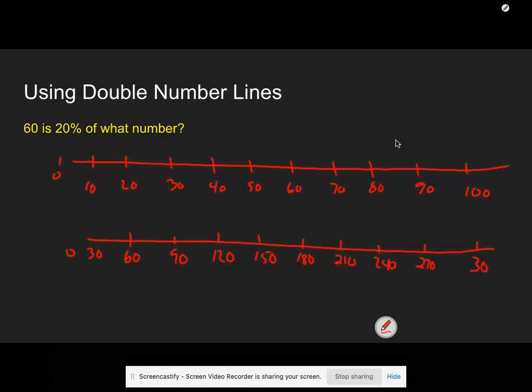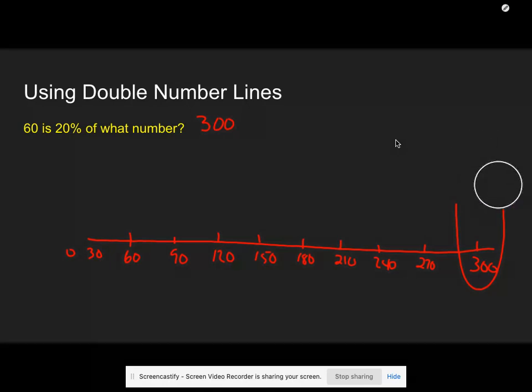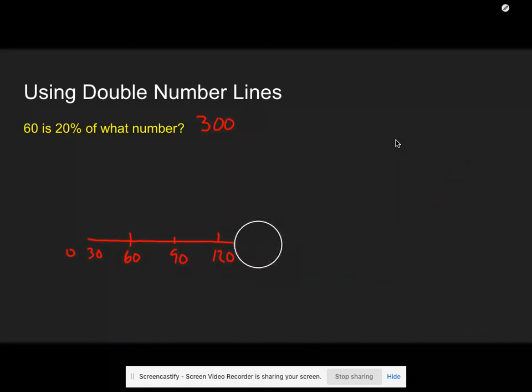So 300 ends up being what's paired up with my 100%. So 60 is 20% of the number 300. All right, so that's a different way that you can find the answer to these problems. These are kind of similar to what we did when we were estimating.